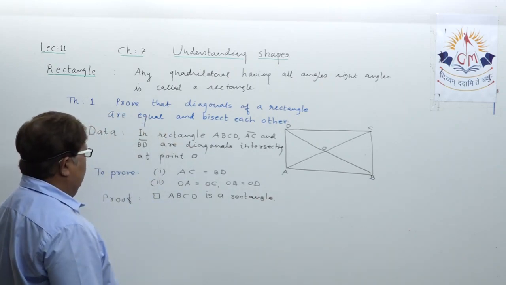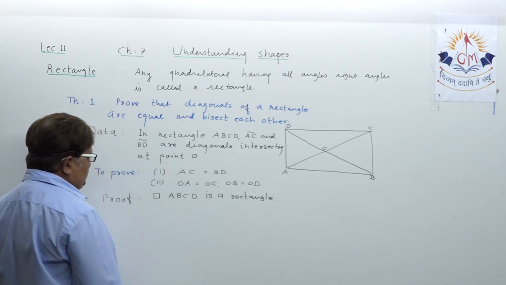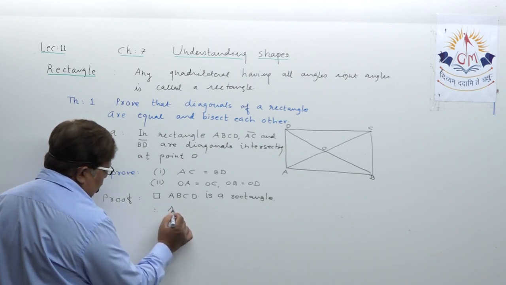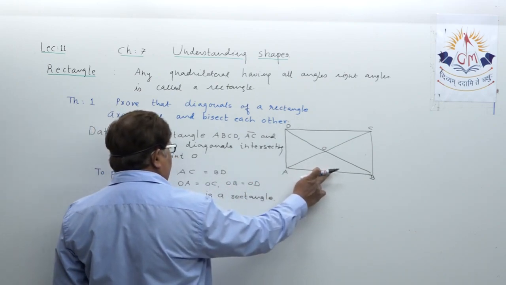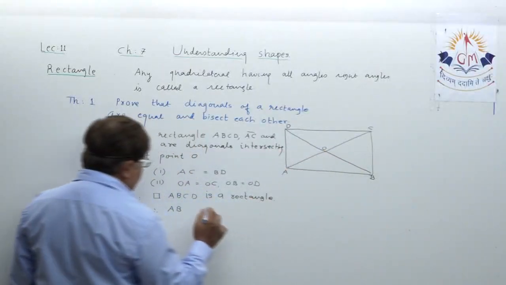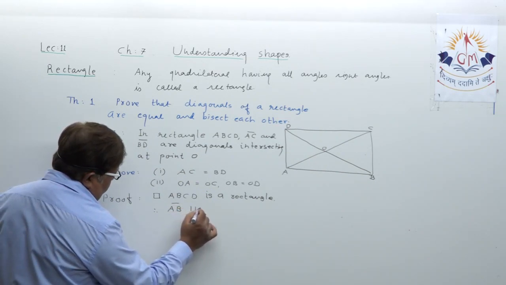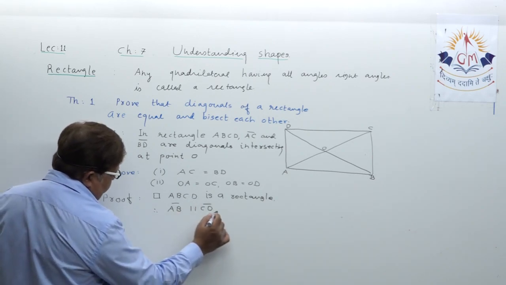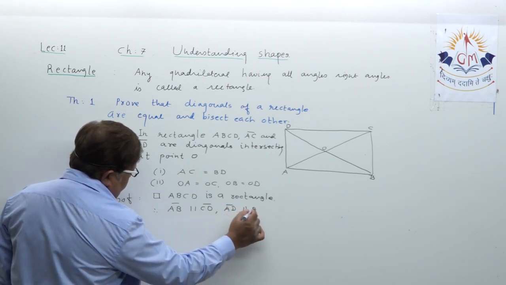Quadrilateral ABCD is a rectangle. In a rectangle, dear student, you know both pairs of opposite sides, AB and CD, AD and BC, are parallel. Write it: AB parallel to CD, AD parallel to BC.